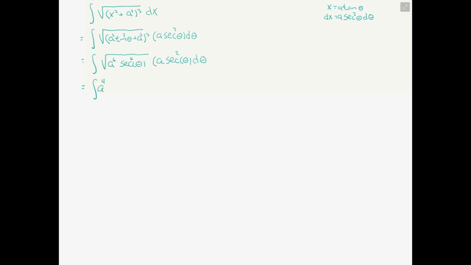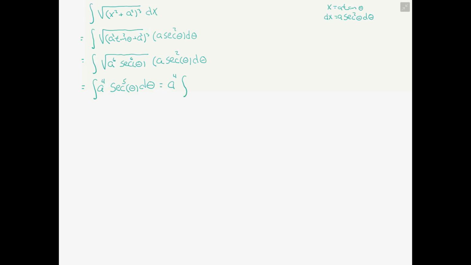Now, when we do this problem, we're going to use the integration by parts methodology. So we start out with trigonometric substitution, and then we choose integration by parts for the remainder of the problem.